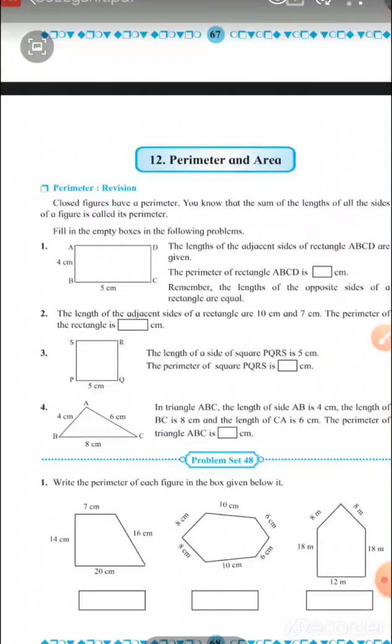See the examples first. This figure is given. This is a rectangle, rectangle ABCD. AB is 4 cm and BC is 5 cm.